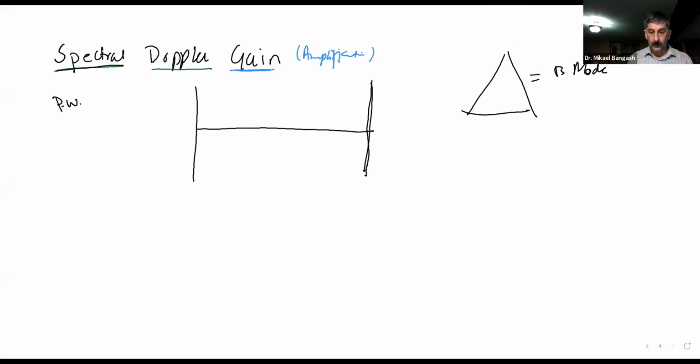Which means we may have two windows here. One is going to be B, and then since we are turning on pulse wave, that will be on. Did you guys get that?